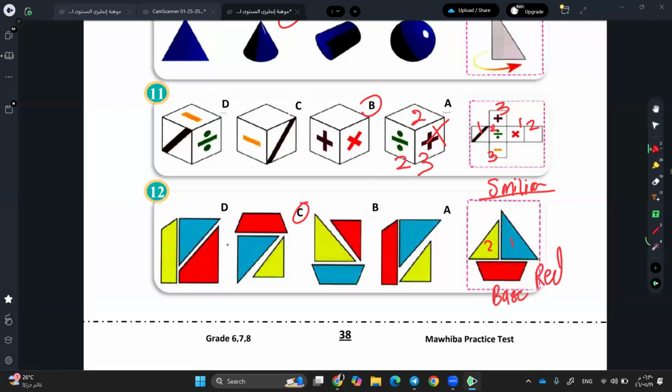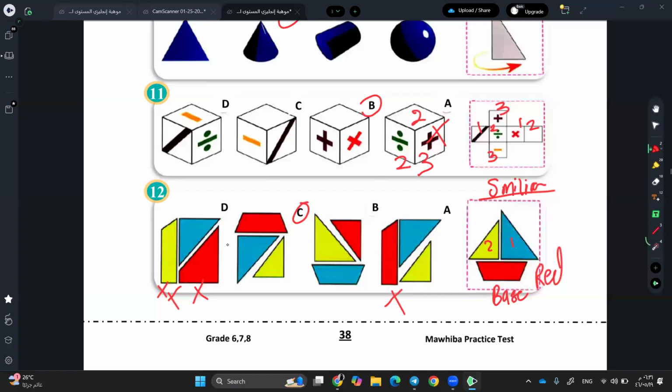To know what the answer is, A does not have the same shape. It's two triangles, but not the same shape. So this is not the answer. D, you can see here, this is not a triangle, and this is not the same shape, just one triangle. So this is not the answer. B has the same shape. We have two triangles and that shape.